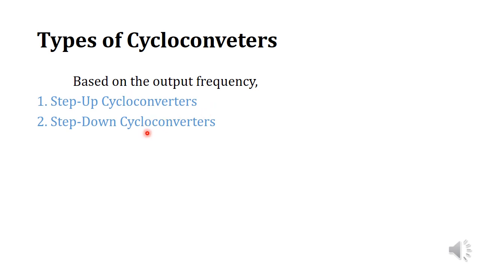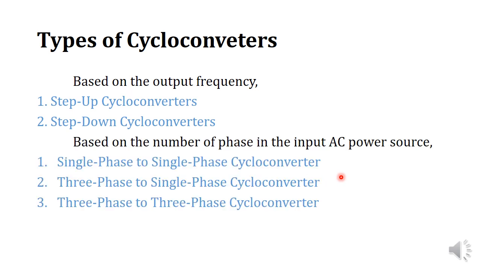And for step-down cycloconverters, the output frequency will be less than the input frequency. Another method is to classify the cycloconverters based on the number of phases: single phase to single phase, three phase to single phase, and three phase to three phase. Now we will discuss all these classifications.